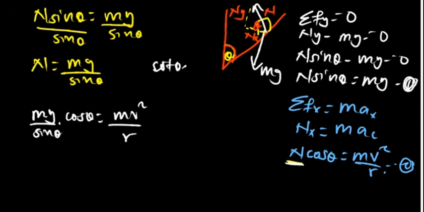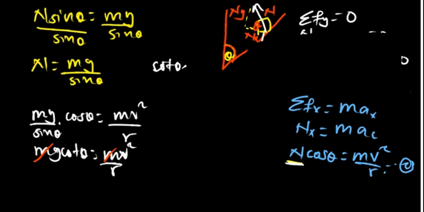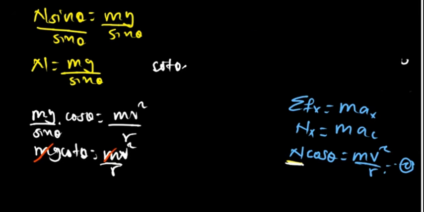So we are going to have mg cot theta is equal to mv squared over the radius. We can see that m appears on both sides, so we can cancel m. Therefore we are going to have g cot theta is equal to v squared over the radius.